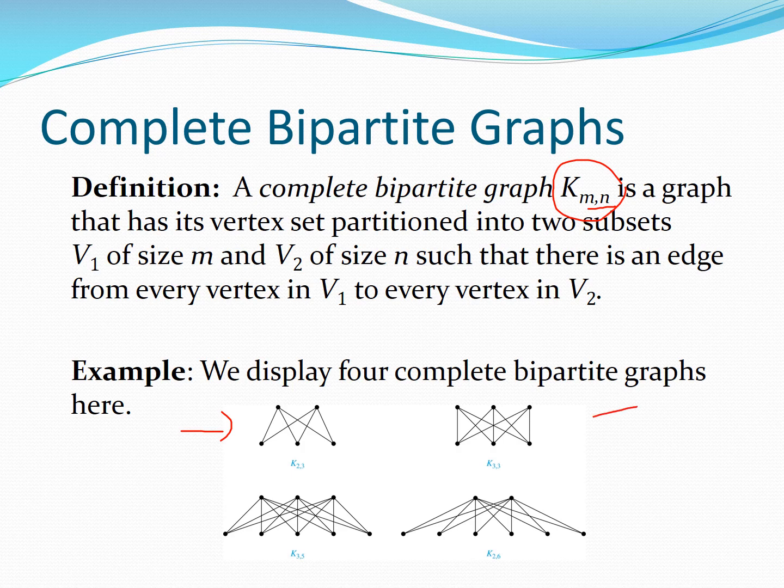Here is an example of K3,3. Your V1 contains three vertices, V2 contains three vertices. And this is an example of K3,5, and this is an example of K2,6, containing three vertices and five vertices for K3,5, and two vertices and six vertices in K2,6 for the V1 and V2 sets respectively.